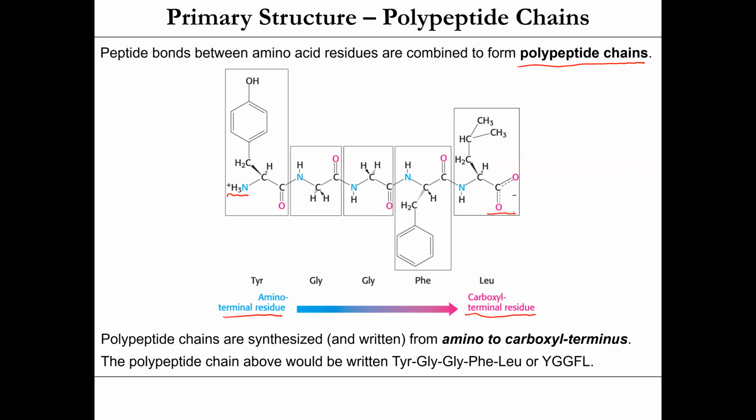The polypeptide chain above here would be written as tyrosine, glycine, glycine, phenylalanine, leucine, or YGGFL. If you switched that, if it was leucine, phenylalanine, glycine, glycine, tyrosine, that would be a completely different polypeptide chain with different chemical properties. So peptide bonds are synthesized and written from amino to carboxy terminus.